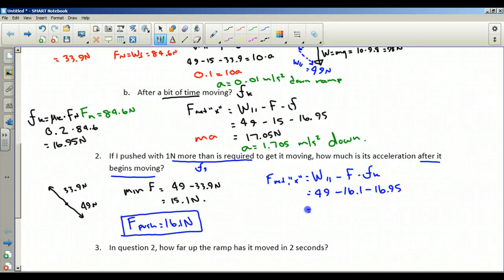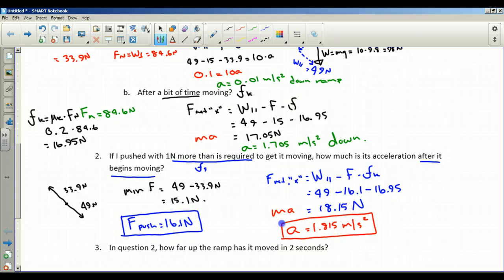So this ends up being then 18.15 newtons. And so we end up with an acceleration then, because this is equal to ma, don't forget. Our mass is 10, so our acceleration then is 1.815 meters per second squared.